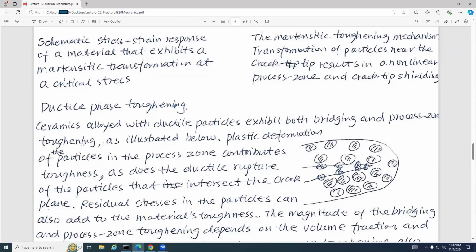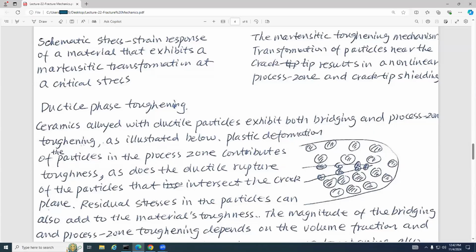However, sometimes the ductile particles connect the upper surface and lower surface. Actually, this is the bridging mechanism. So ductile phase toughening sometimes exhibits a combination of both process zone toughening and bridging toughening.